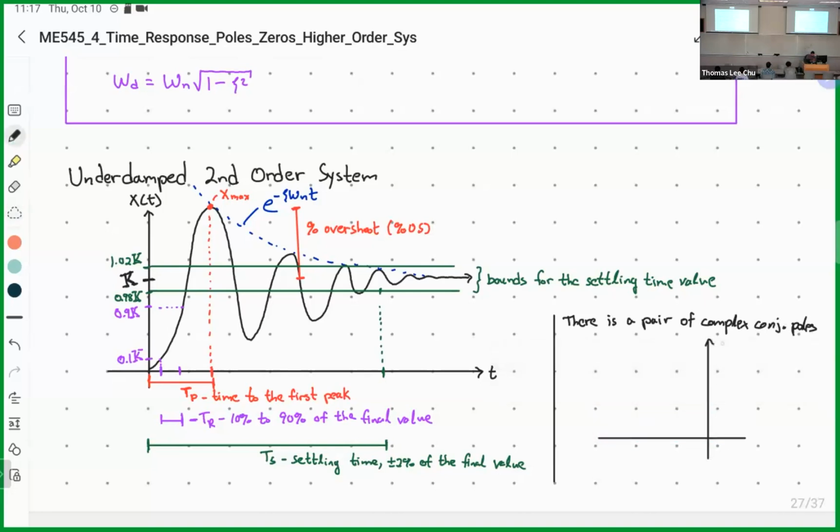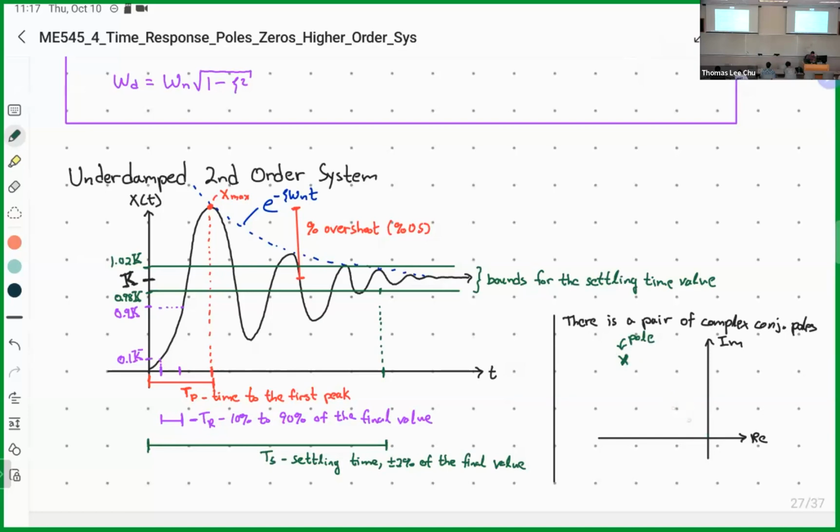So this is our pole zero map, and we're looking at the imaginary and real axis. Let's say this is our pole location. This is our pole. We have a conjugate reflecting about the real axis, but we don't really care about that.